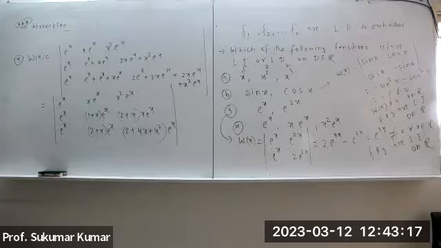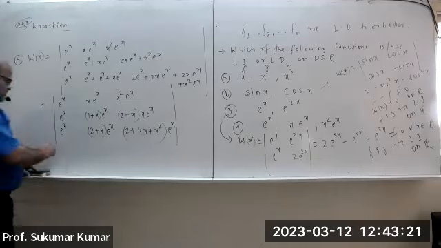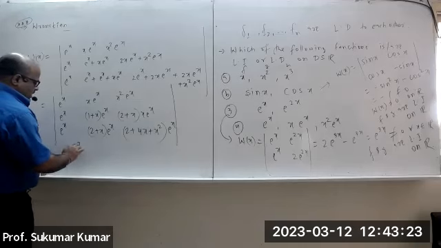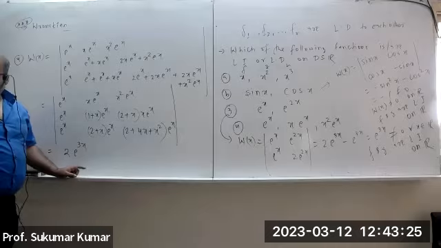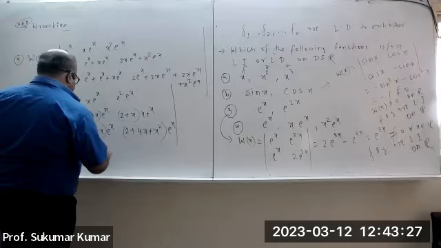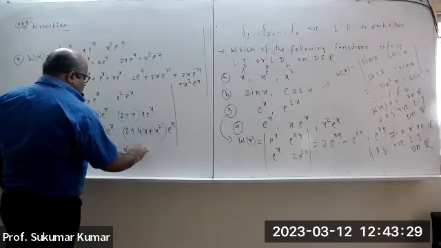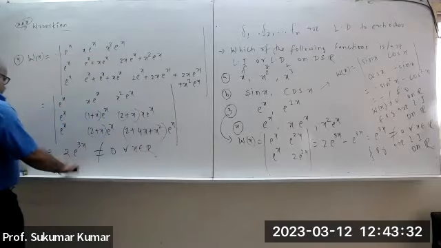What is this determinant coming to, did anybody get it? 2e power 3x. This only. Then this is also not equal to 0 everywhere. So linearly independent everywhere.